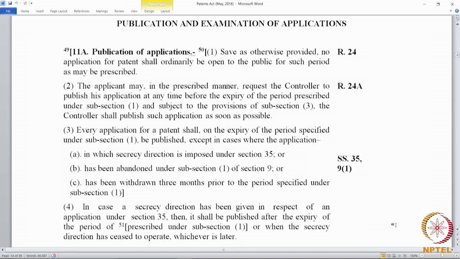So, if you want to expedite your prosecution process, then you could make a request for publication. If you do not make a request for publication, obviously it gets published at the end of 18 months. So, once you prefer an application, it gets published whether you like it or not after 18 months. If you are in a hurry, you could take form 9, which is used to request an early publication.